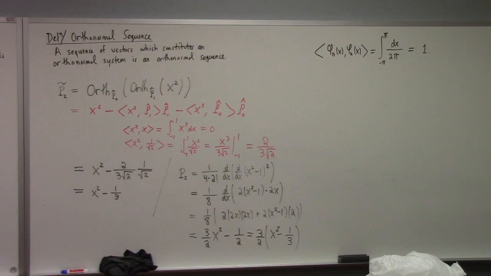This would be different because that's the orthogonal system from the Gram-Schmidt process, but that's the original design we were looking at. Now we have to multiply by the square root of n plus a half.